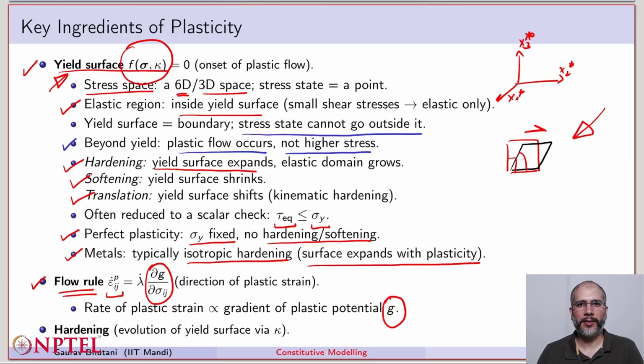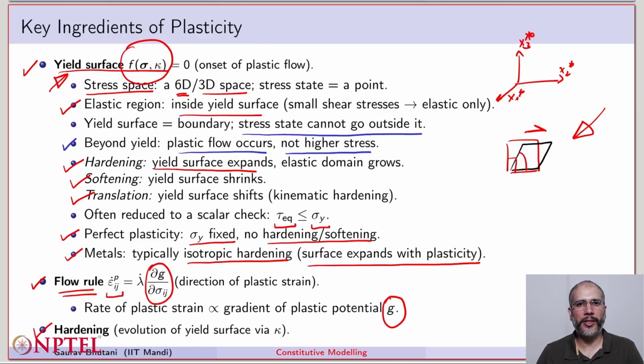And finally, after identifying the yield criteria and understanding how the material is plastically flowing, we have to understand the idea of hardening. Because once the material is plastically deformed, it will in most cases harden.